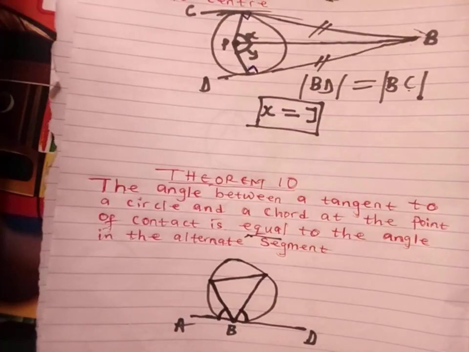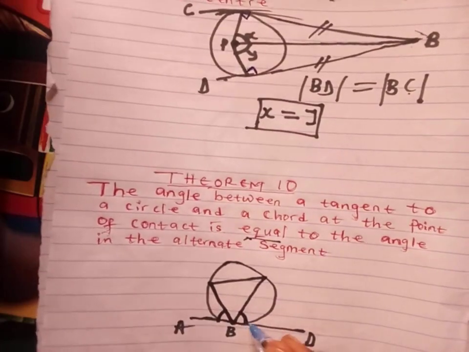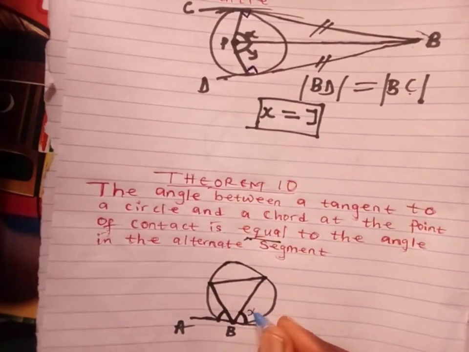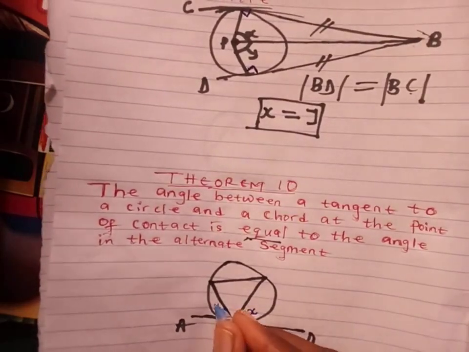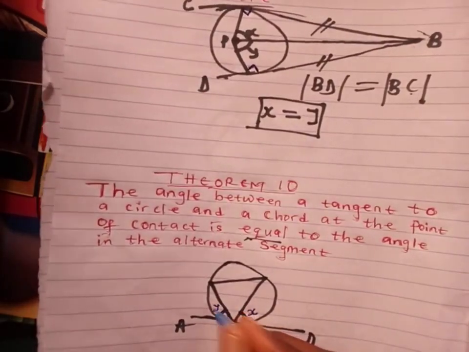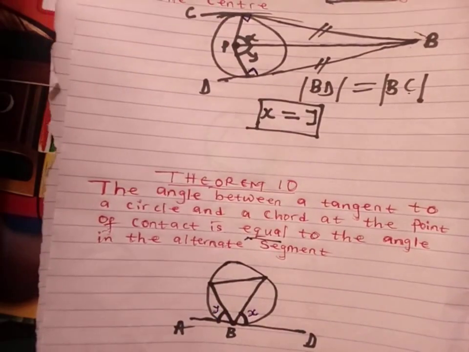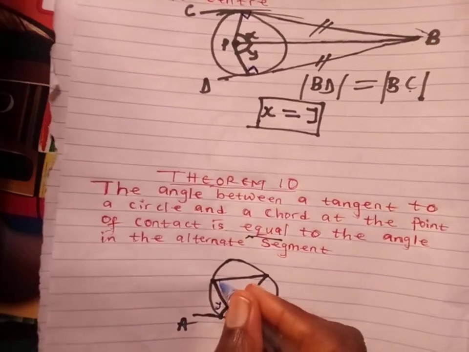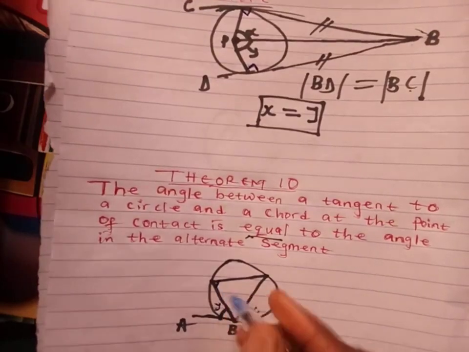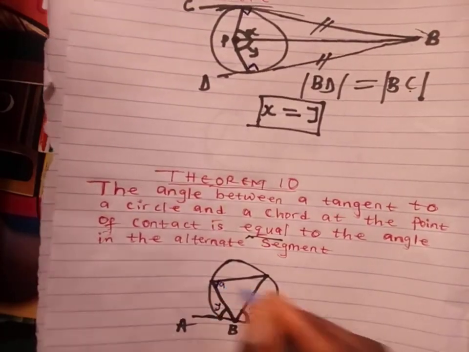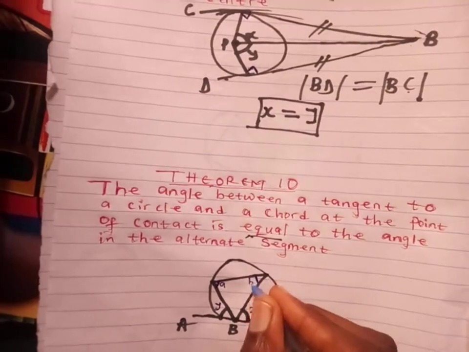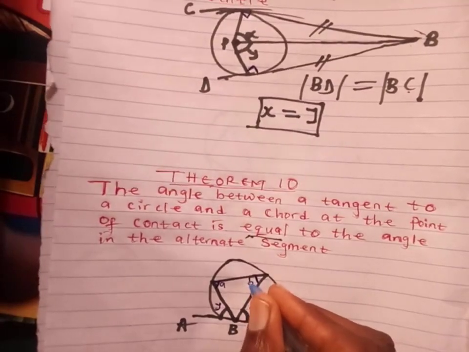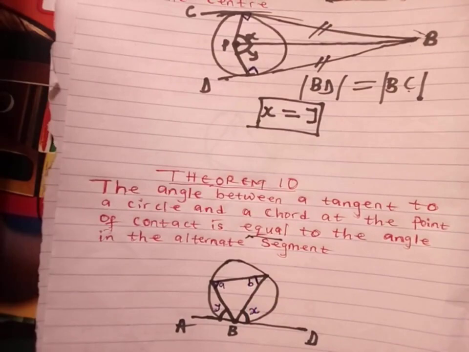All right, so now let's call this very angle subtended here X. The angle at this point, let's call it X, and the angle at this point, let's call it angle Y. Okay, so an angle is also formed here, of course. Let's call this very angle A, and an angle is also formed there. Let's call this angle B. All right, so the law again, what is it saying?